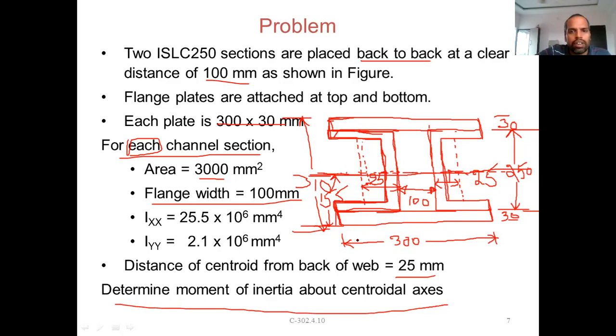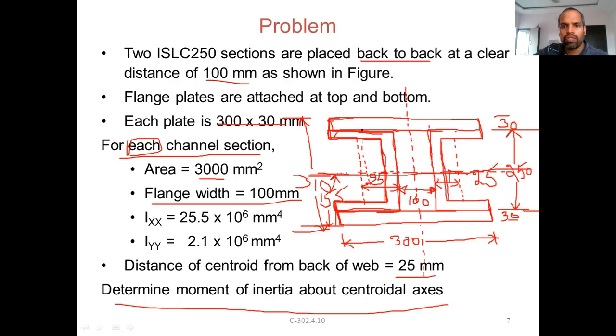Now let's see the y axis. Is this figure symmetric about the y axis, any vertical axis? If yes, where does that vertical axis lie? Yes, your vertical axis passes exactly through the midpoint.